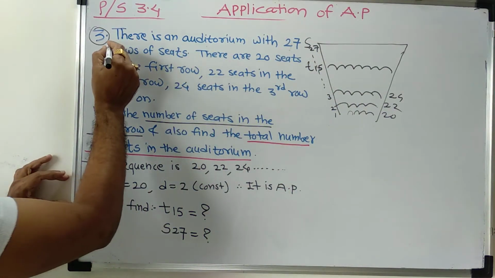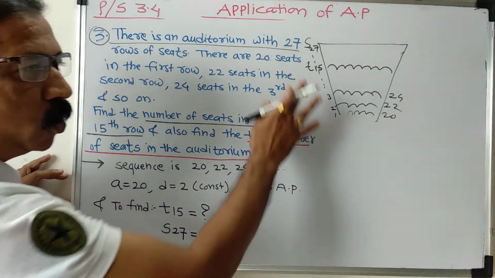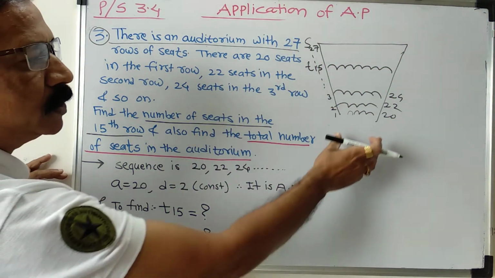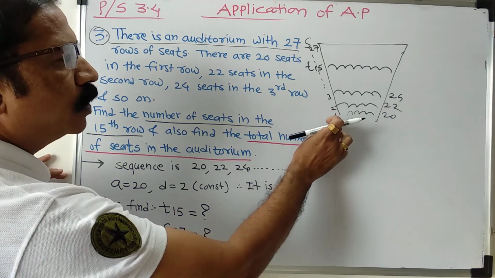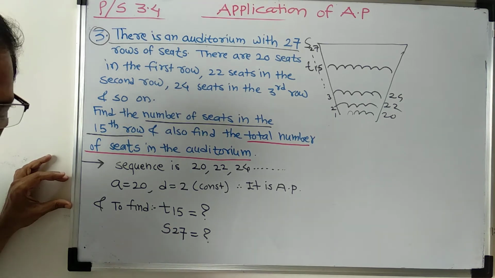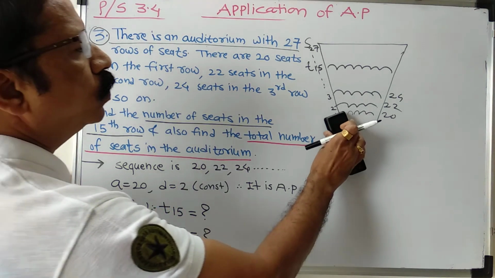So you have to add all the chairs from row 1 to 27. So you have to find S27.